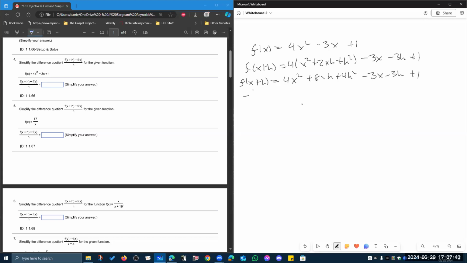And we're going to subtract our original f of x. F of x plus h minus f of x is equal to 8xh plus 4h squared minus 3h.